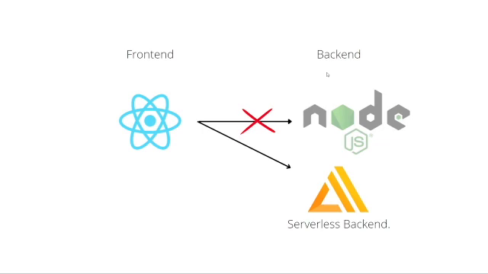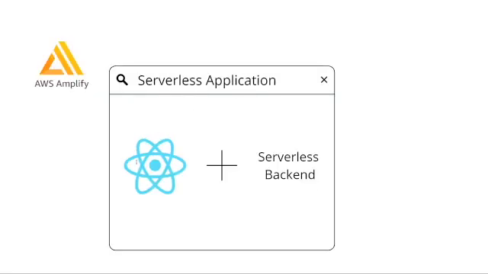And please note that the backend created using Amplify is known as a serverless backend. Applications built with a serverless backend are what we call serverless applications, if you've heard it before. So basically, Amplify is a service to build serverless applications.